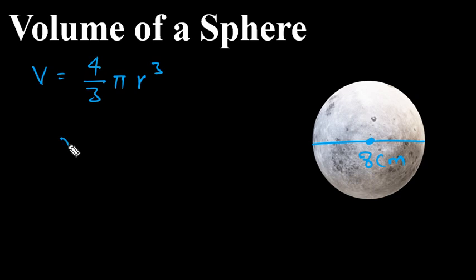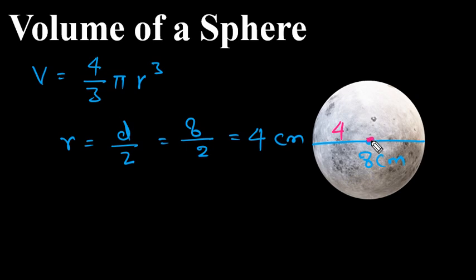Now we know that radius is diameter divided by 2. So total diameter is 8, so the radius will be 4 centimeters. Now substitute this value in the formula. V is equal to 4 over 3 times pi 4 to the power 3.